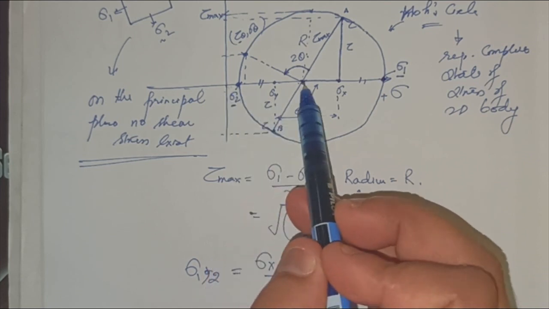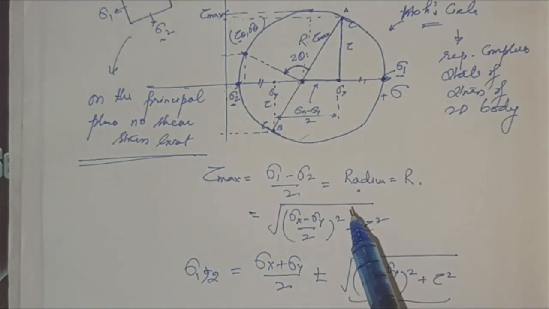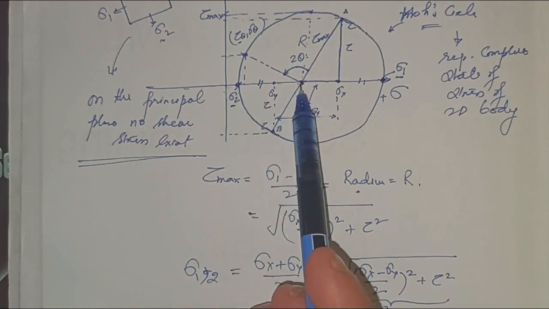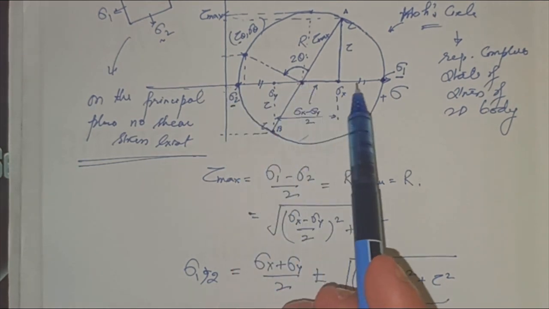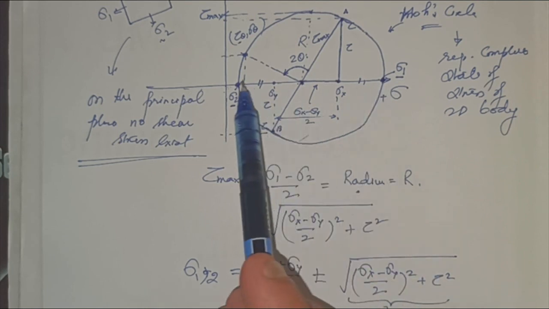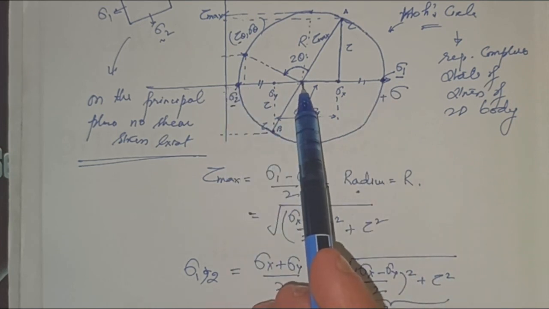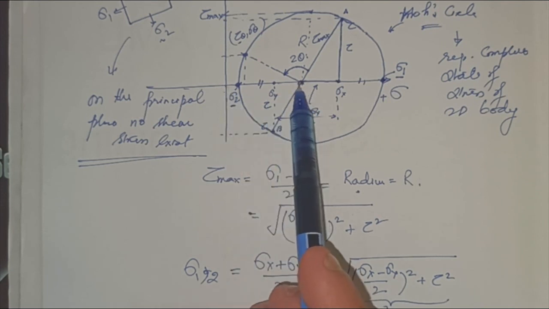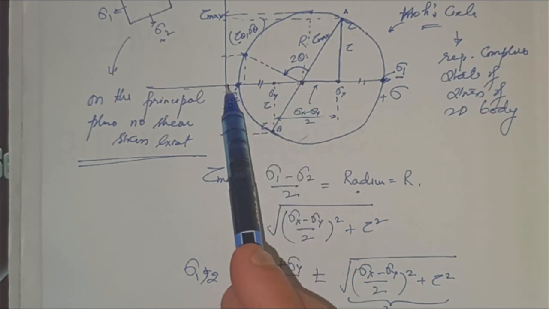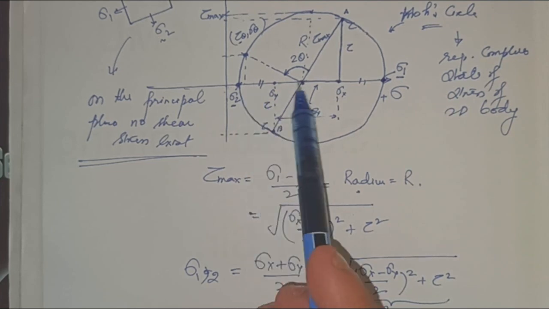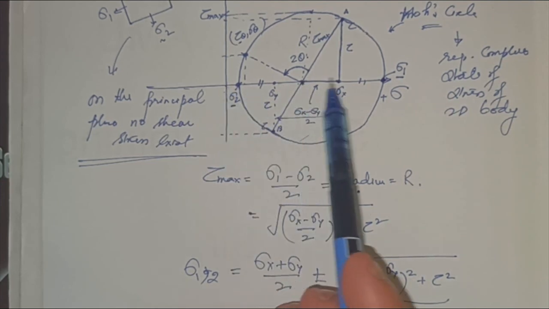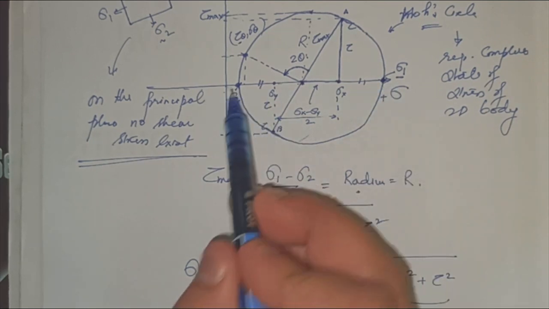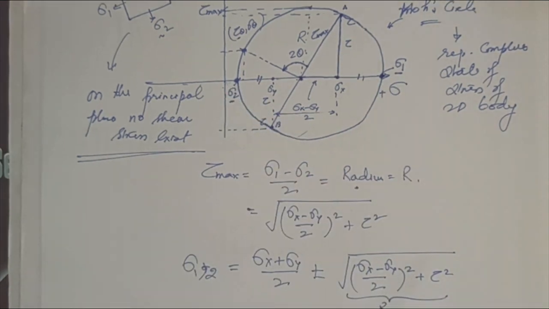So from this to this you get sigma x plus sigma y by 2. So sigma x plus sigma y by 2 plus r will give you sigma 1. Sigma x plus sigma y by 2 minus r will give you this: this part is reduced, so this is left. So sigma 1 is the whole of this, sigma 2 is this only. I hope you have understood this now.